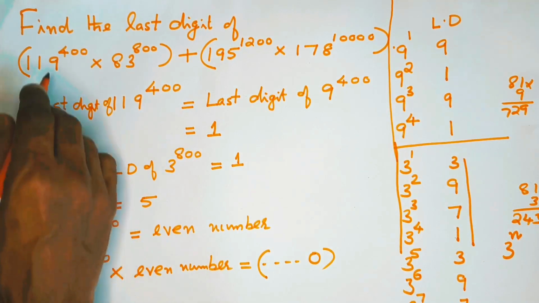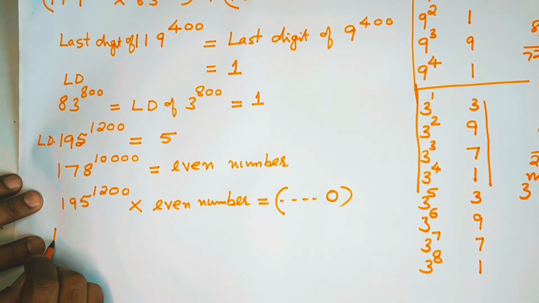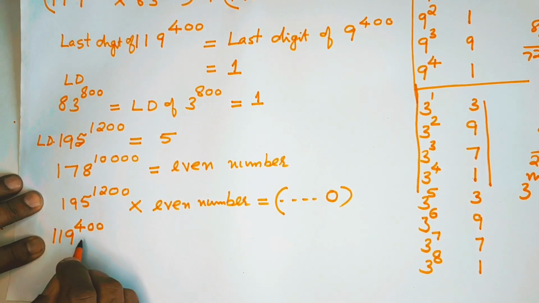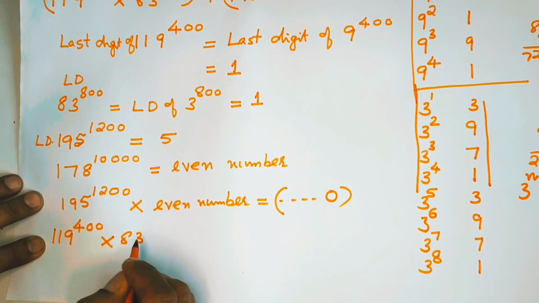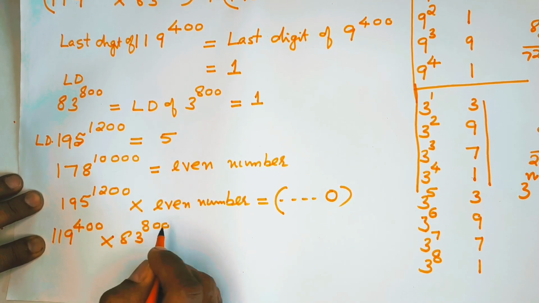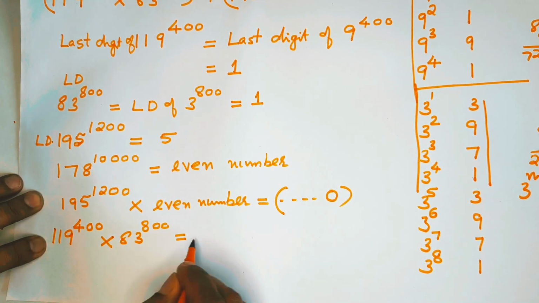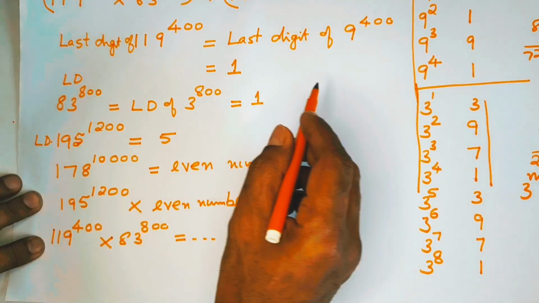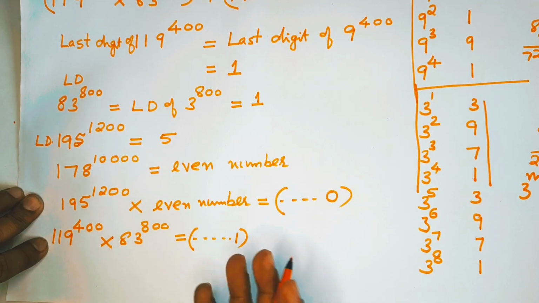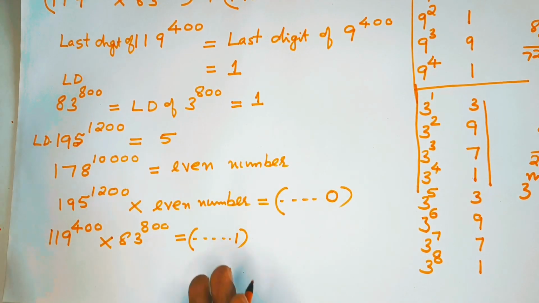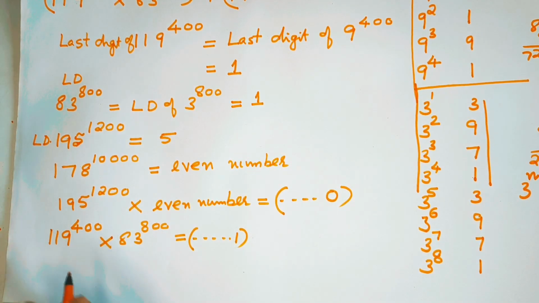Now come to the first two terms. This was the first term, 119 to the power of 400, multiplied by 83 to the power of 800. This I showed you, the last digit as 1. You may refer back. I am putting only a few dots. There are hundreds of thousands of numbers to the left of 1.